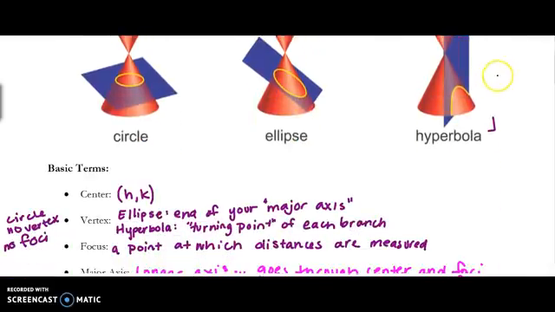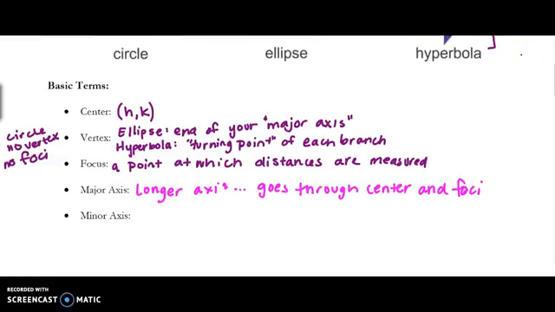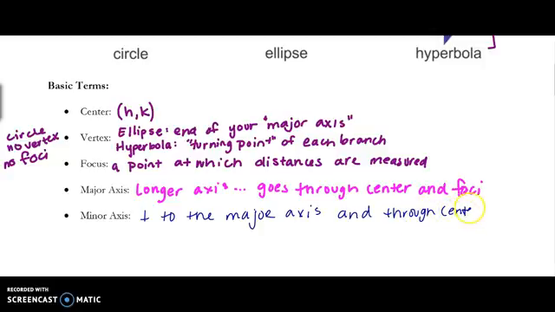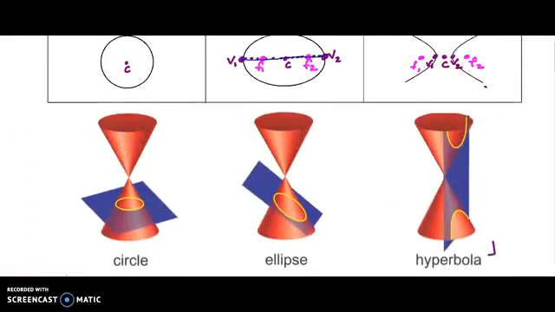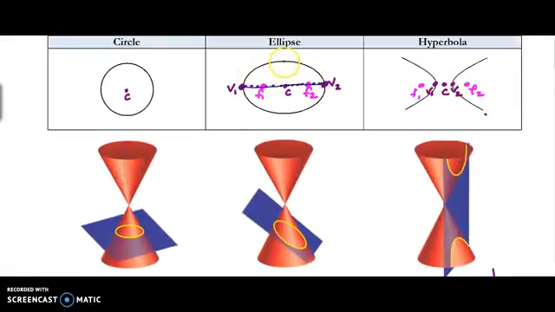And then the minor axis of our ellipse is perpendicular to the major axis and goes through the center as well. So our major axis was the long one, and our minor is perpendicular to that and goes through the center as well.